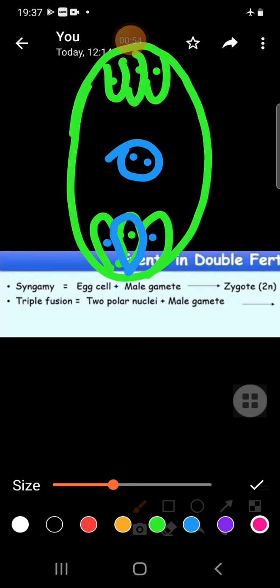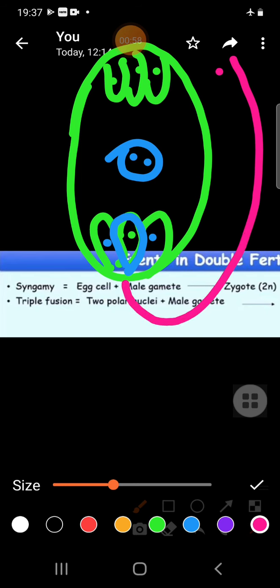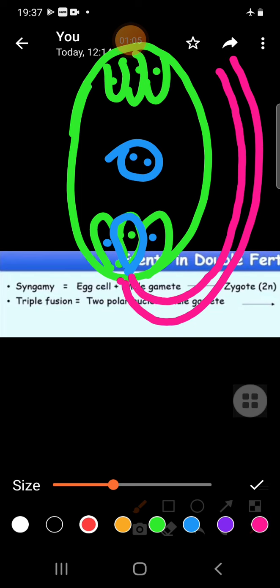Now, what is going to happen? Pollination happens, which leads to germination of the pollen tube, and this pollen tube goes in and releases into the embryo sac two male gametes, right? The first male gamete fuses with the egg cell, forming the zygote.